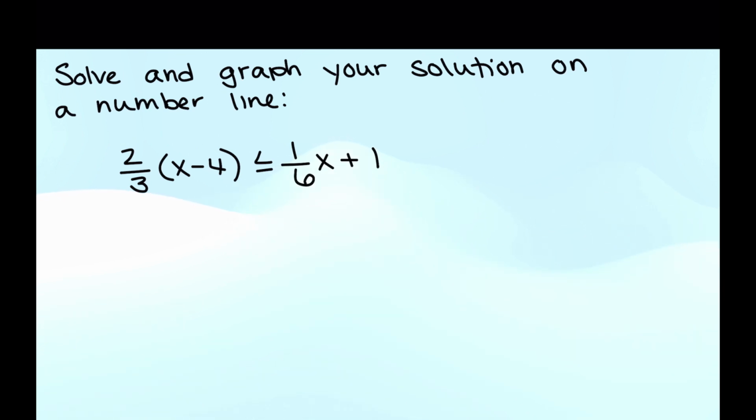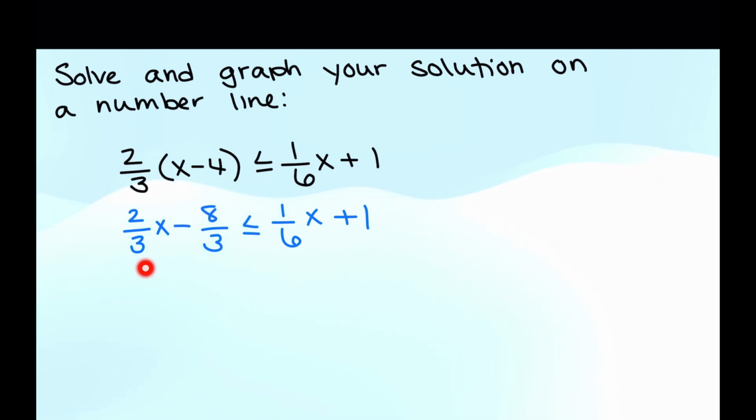Here's my last example. We're going to solve 2/3 times x minus 4 less than or equal to 1/6 x plus 1. So the first thing I'm going to do here is distribute the 2/3 to the x minus 4. So I'm going to take 2/3 times x, that's 2/3 x.